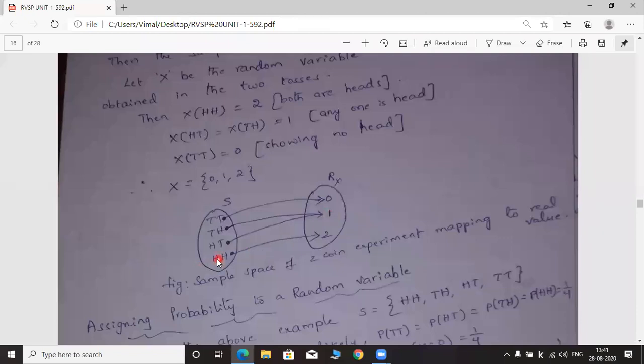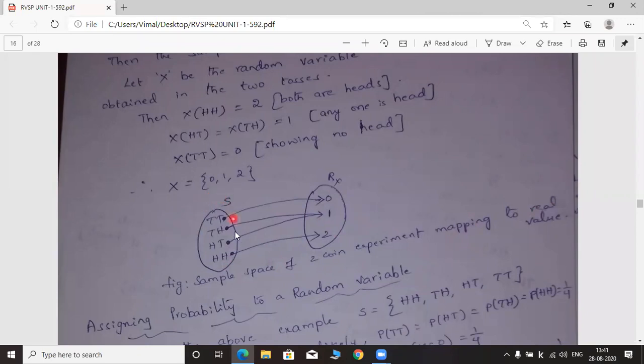Next, both are heads. That means both coins show heads after tossing. So HH can be mapped to 2, getting 2 heads. Okay, is it clear? So this is the mapping of the sample space of the 2 coin experiment to real values.